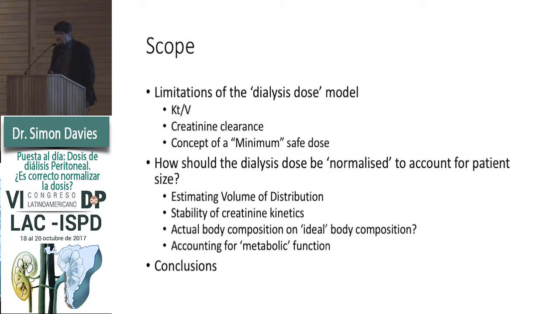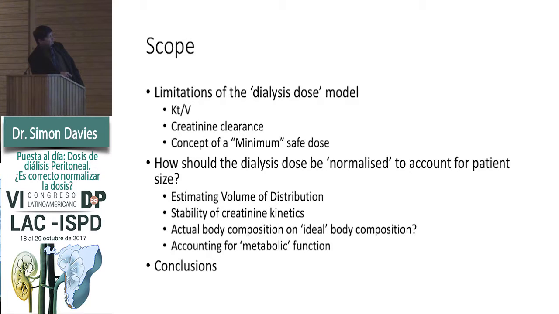So I'm going to cover a number of different issues outlined on this slide. Not necessarily in this order, but I will say something about the limitations of the dialysis dose model. We talk about both urea clearances and creatinine clearances and the different ways of normalizing those. And of course we'll discuss the minimum safe dose of dialysis treatment.